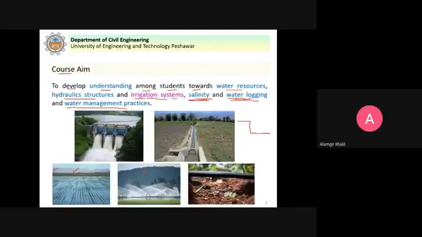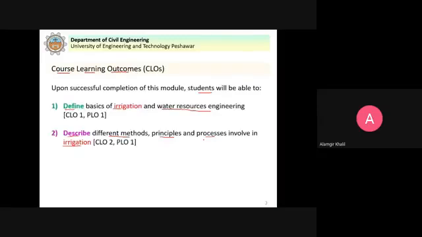For example, you see here we have this canal. We should be able to describe the different theories that will be used to design these irrigation canals, and the different processes involved in irrigation.